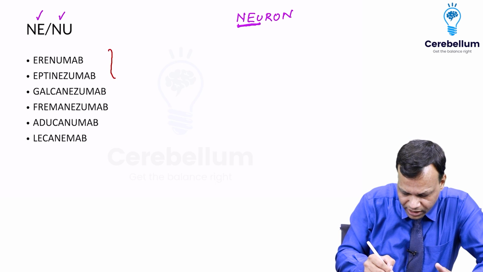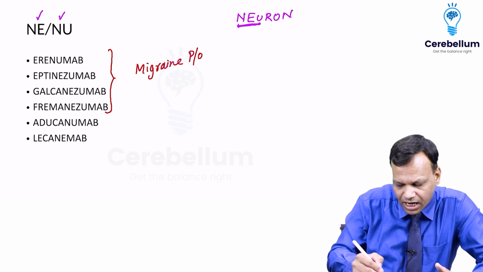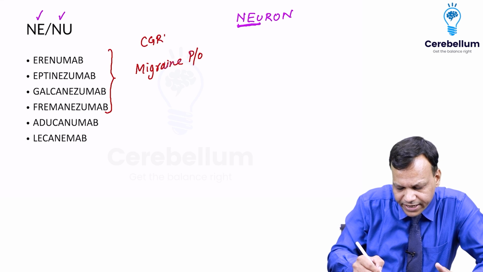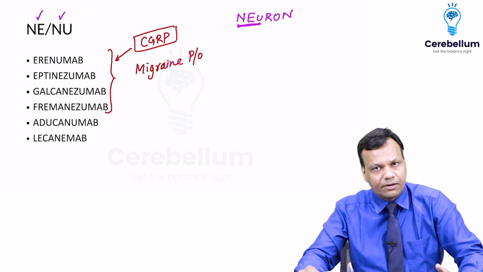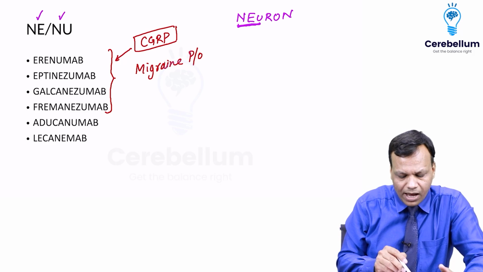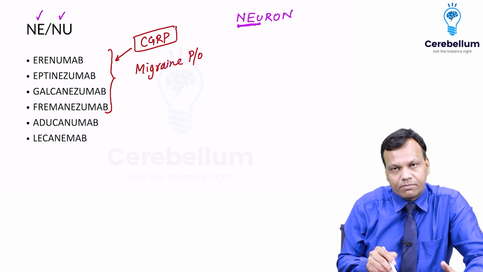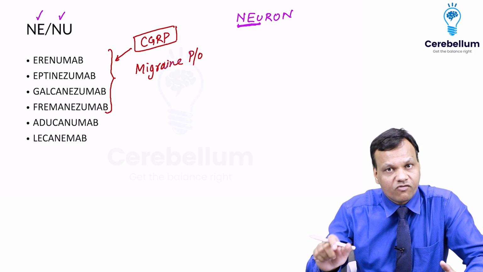The first four drugs are monoclonal antibodies used to prevent migraine. They are against CGRP, calcitonin gene related peptide, working on the trigeminal neuron. So erenumab, eptinezumab, galcanezumab, fremanezumab are against CGRP. They are used in migraine prophylaxis.